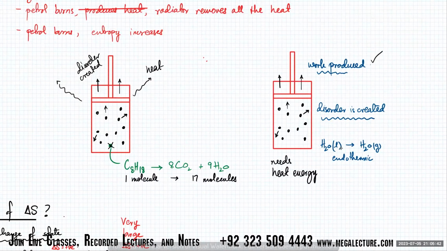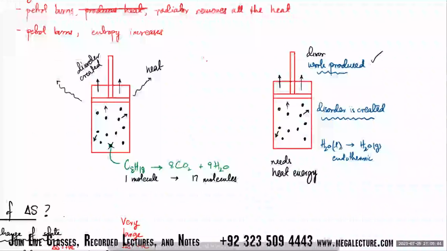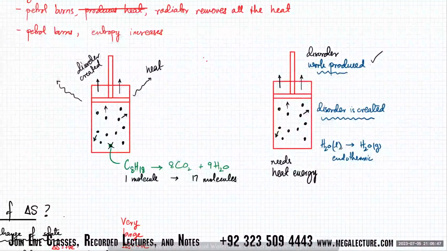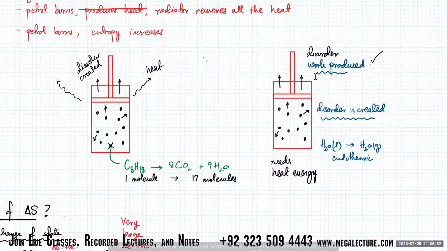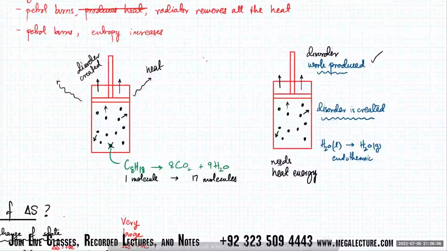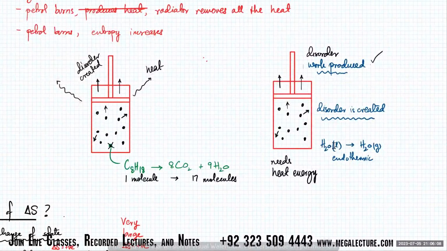Why? Because when steam gets produced, a lot of disorder gets created and work gets produced. The piston gets pushed upwards. So now this reaction is actually not going to be feasible at lower temperatures. I mean, even though it will produce work, at lower temperature it would need a lot of heat energy so that it could turn water liquid into water gas.